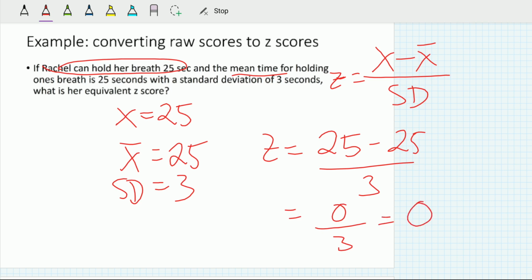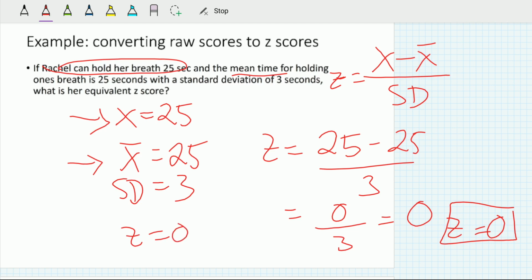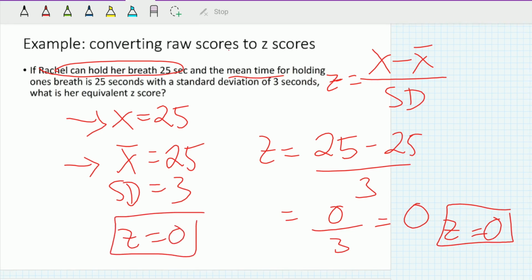Some of you are going to think, wait, I think I made a mistake. Well, her score is exactly on top of the average. The fact that she scored exactly the average means her z-score is equal to 0. It just means she's average when it comes to holding her breath, okay?